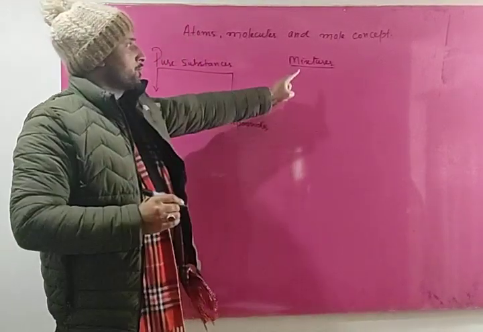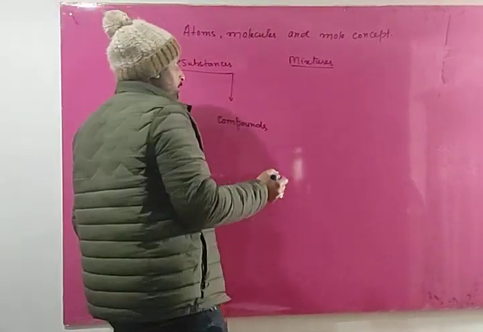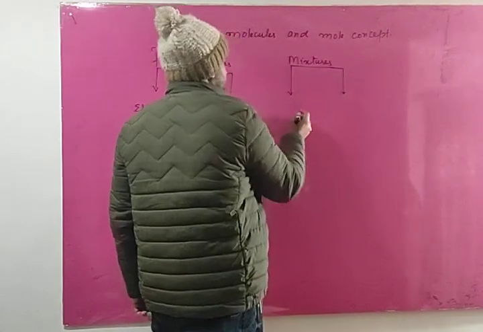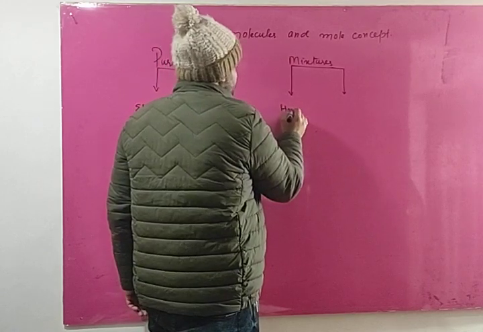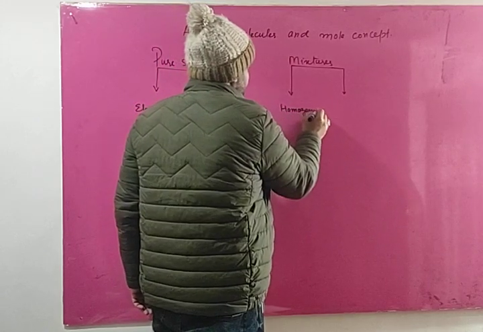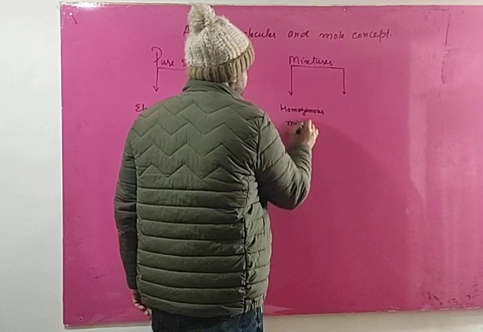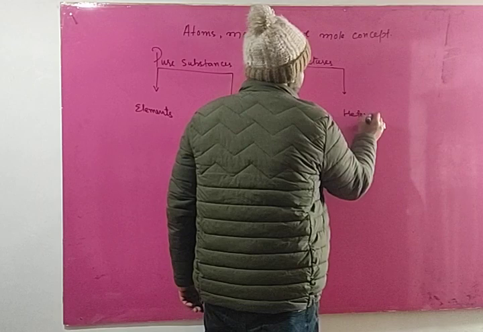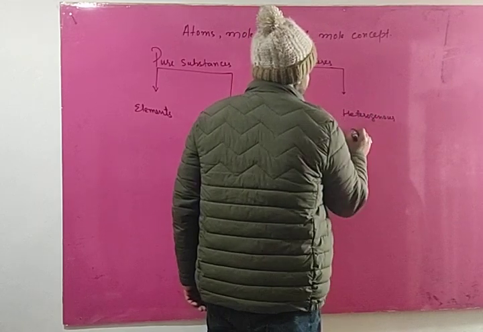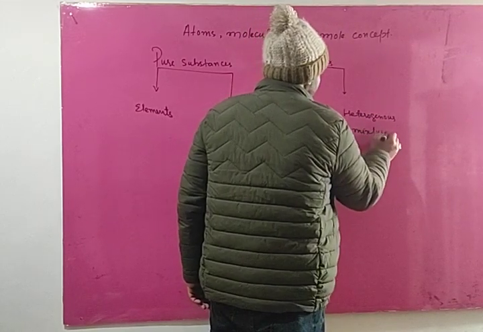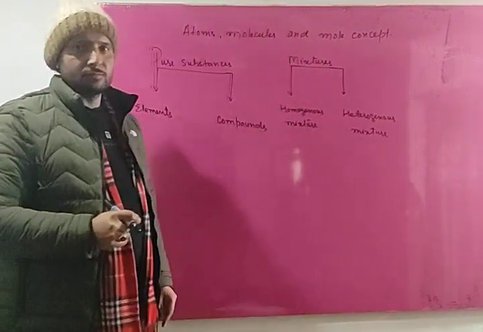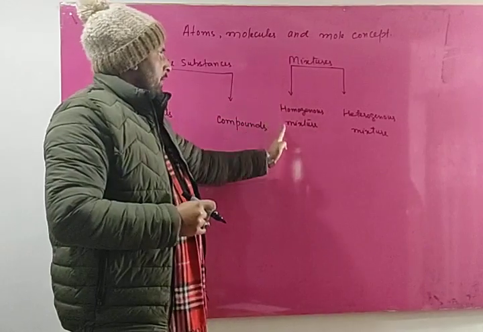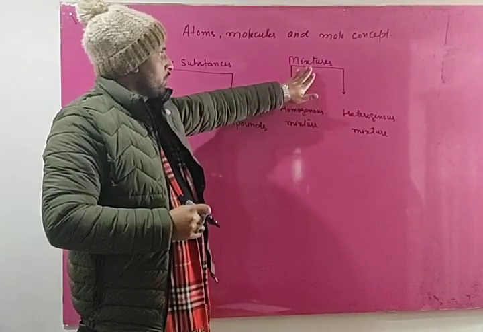And when we talk of mixtures, these are impure substances chemically. We have different types of mixtures. Broadly speaking, we have homogeneous mixtures and heterogeneous mixtures. We won't be discussing this part because this is simply mixture. What is mixture?